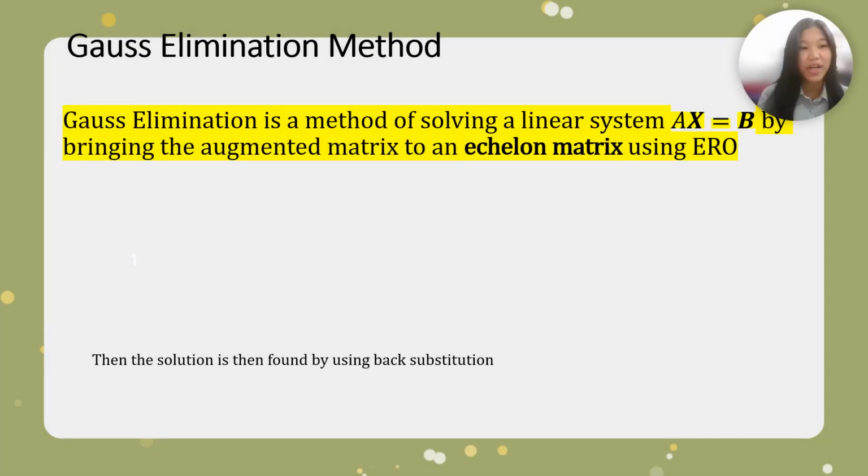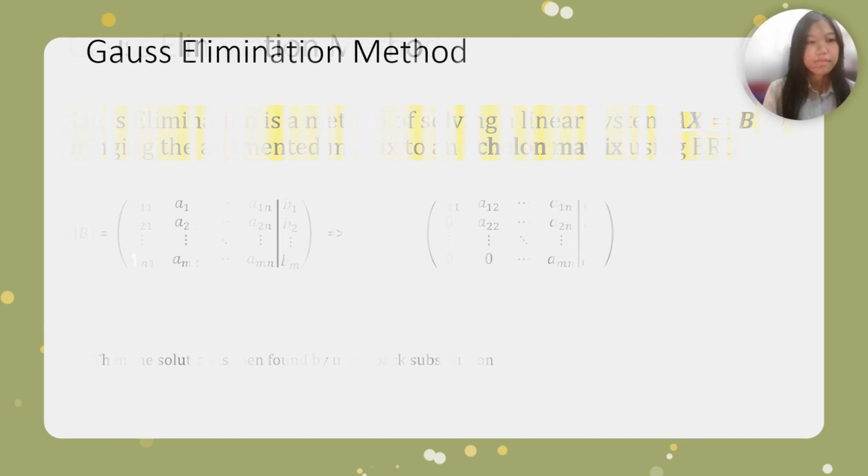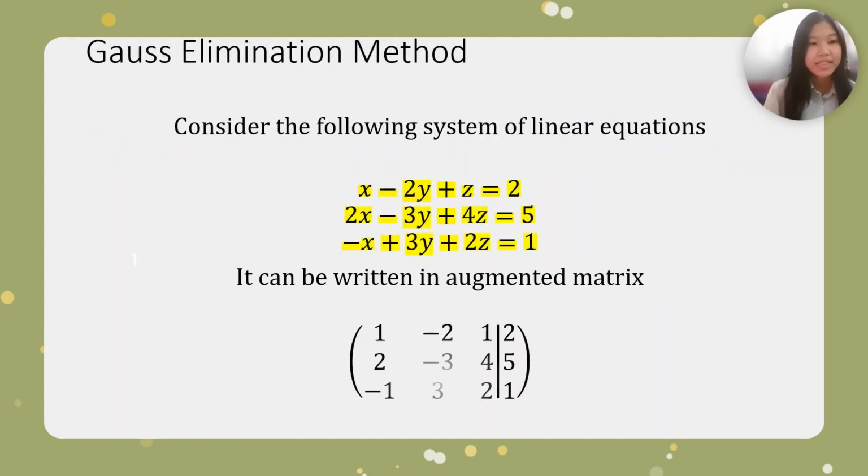I want to talk about Gauss elimination and Gauss-Jordan elimination. Both of these are methods used for solving a system of linear equations. I have an example with 3 equations: x minus 2y plus z equals 2, 2x minus 3y plus 4z equals 5, and negative x plus 3y plus 2z equals 1.